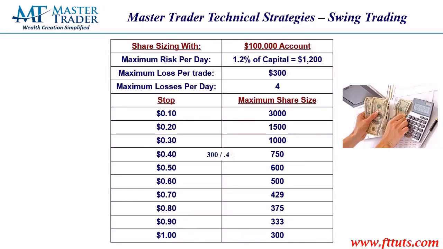We're done. And so we need to calculate the size based on the stop loss. In this table, you can see how the smaller stop loss allows me to increase the share size. So in the middle there, based on 40 cents, $300 divided by 40 cents is 750 shares.